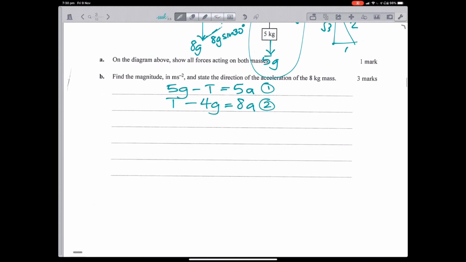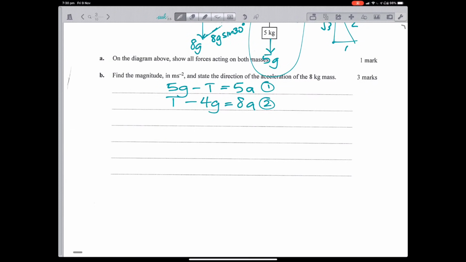Then we add both equations together, because we're going to get rid of the T's. So 5G minus T plus T, they cancel. 5G minus 4G is G. 5A plus 8A is 13A. So therefore, A is G on 13 meters per second squared.